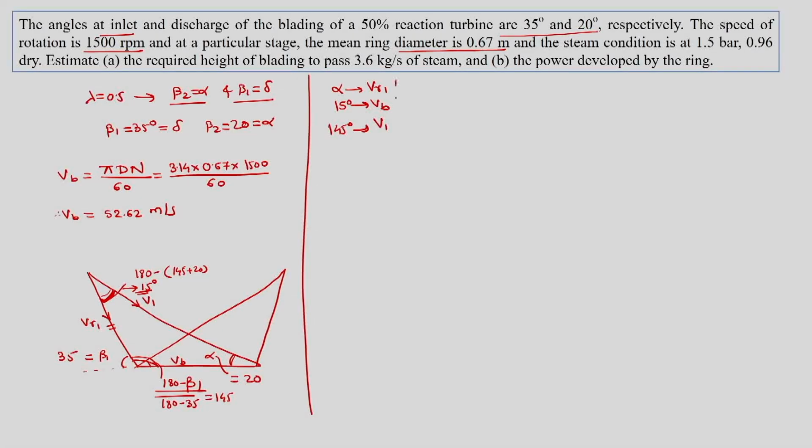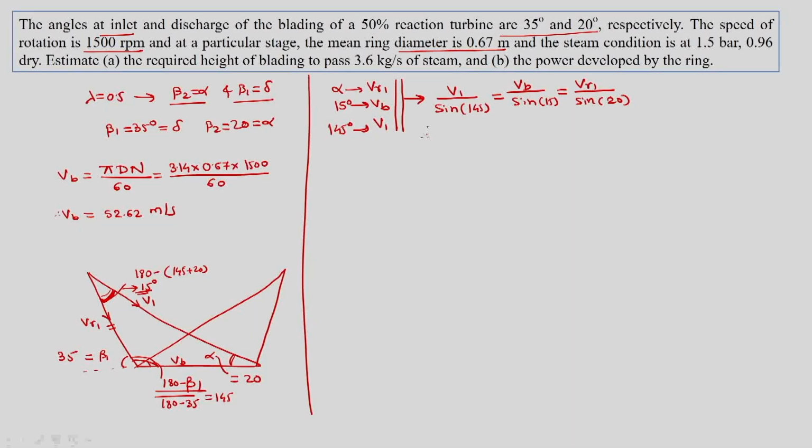So we can make use of this and write down V1 upon sine of 145 is equal to VB upon sine of 15 is equal to VR1 upon sine of alpha, which is 20.